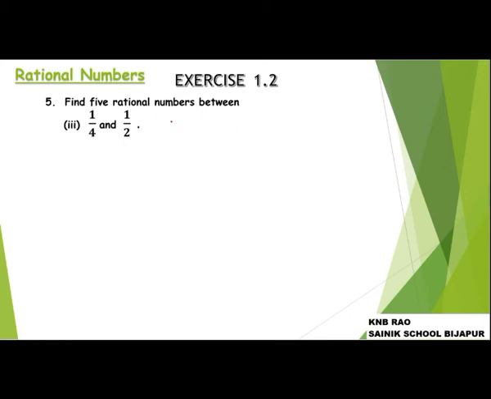So after finding the LCM of these two denominators, which is 4, consider any multiple of 4, like 40 or 20 or 100.